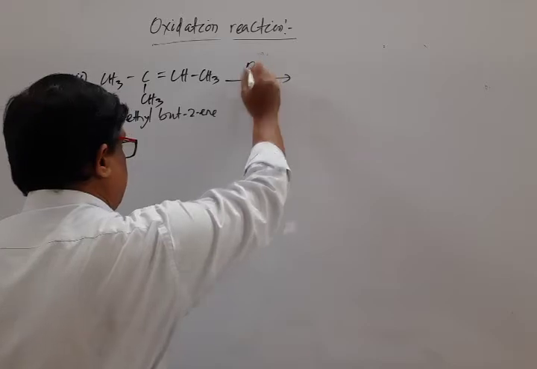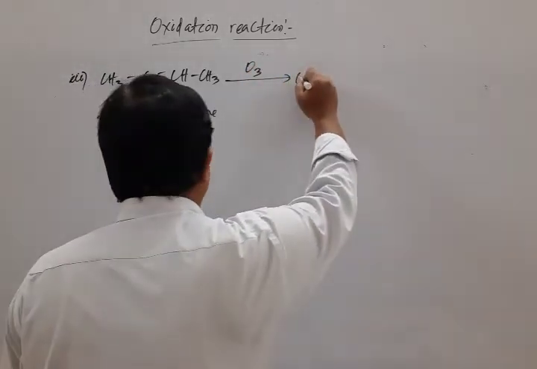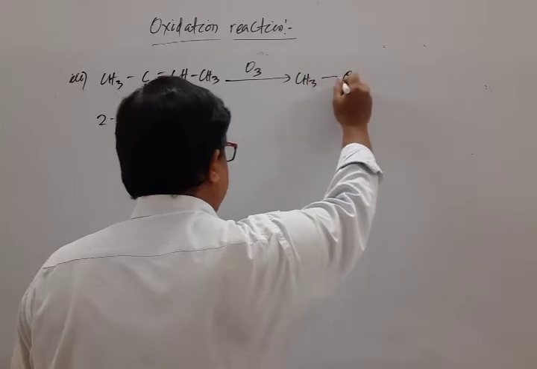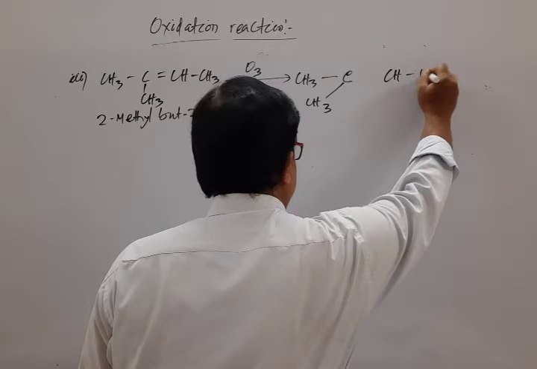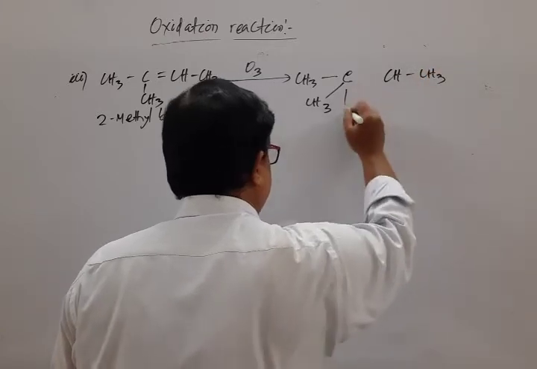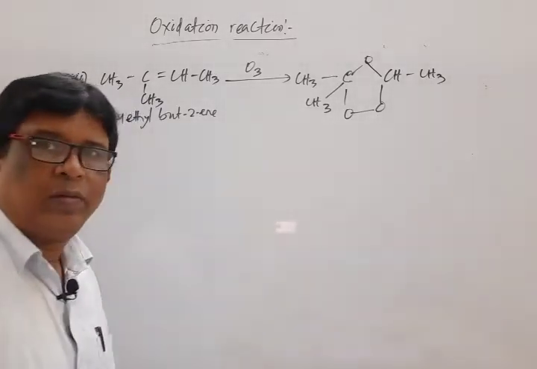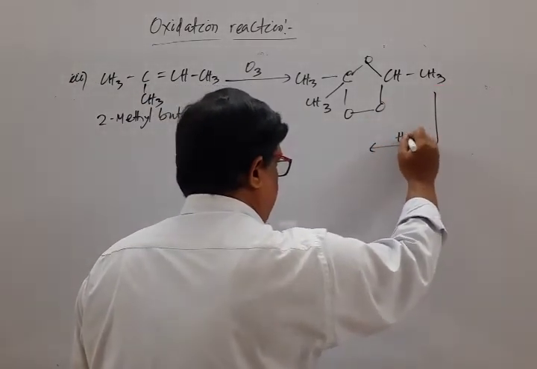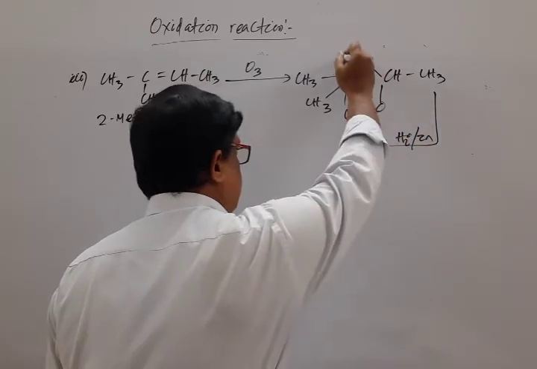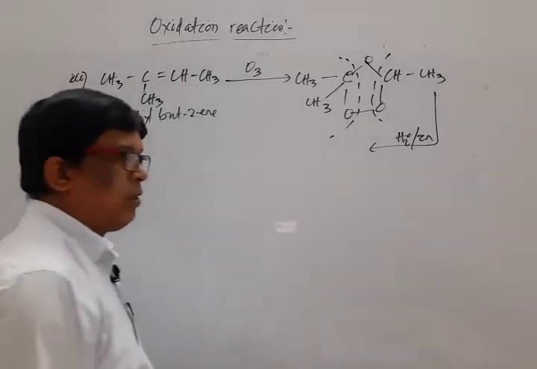When we add ozone, then what happens? CH3, C with branching CH3, CH3 is there. Here, the corresponding ozonide is formed, unstable one, followed by hydrolysis in presence of zinc dust. Mark that. This bond breaks.